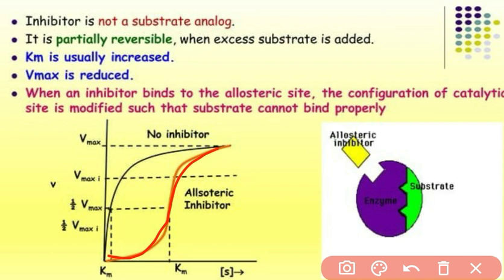It is a sigmoidal curve, and this is the line in the absence of inhibitor. In the presence of allosteric inhibitor, the value of Km increases and the value of Vmax decreases. So these are the kinetics in the presence of an allosteric inhibitor.